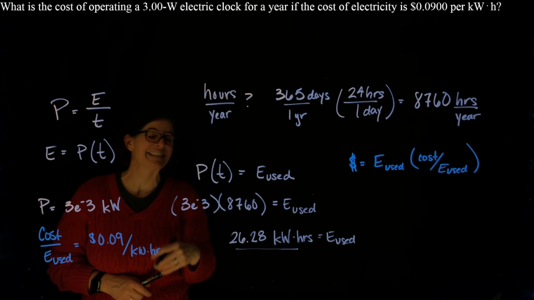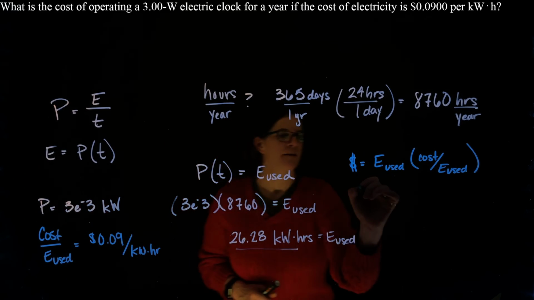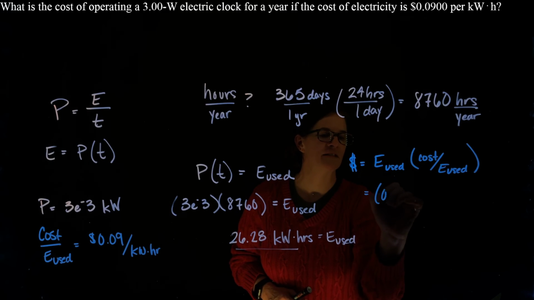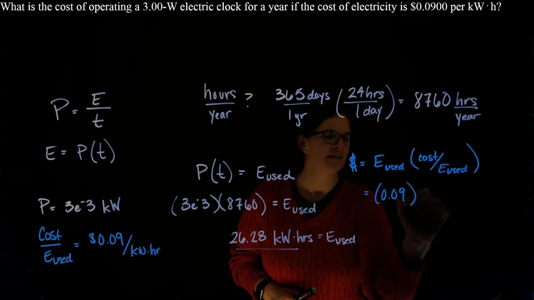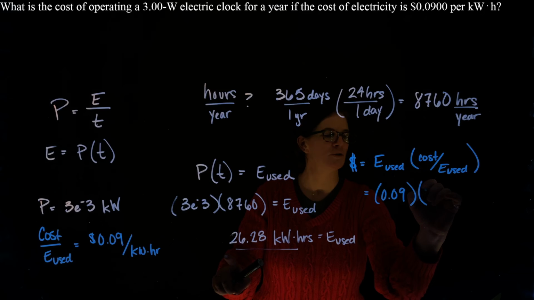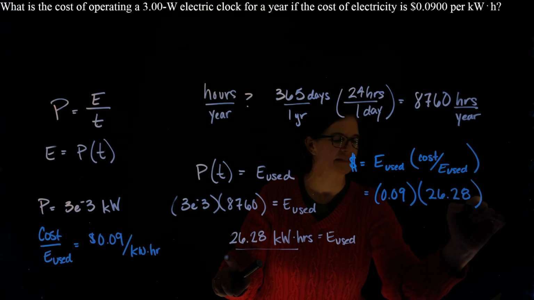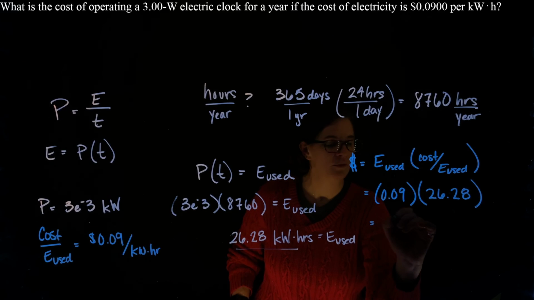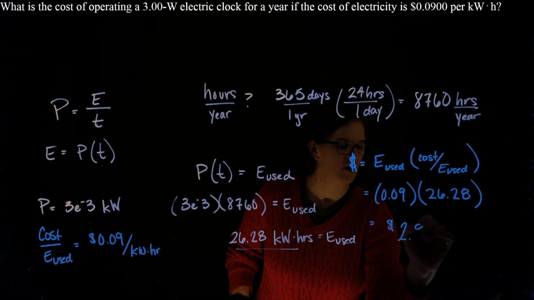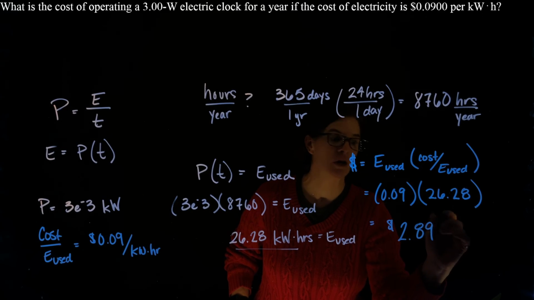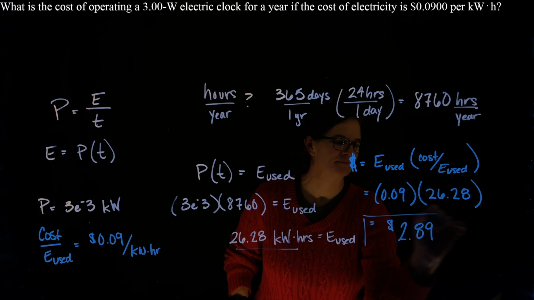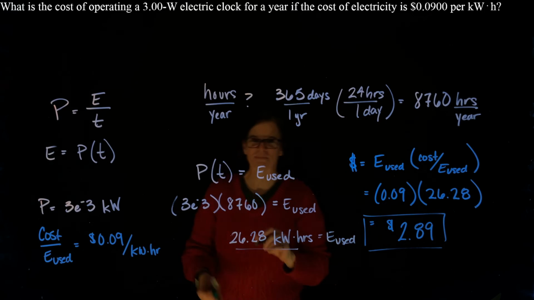So 9 cents per kilowatt hour. So our total cost will be 0.09 times the energy used of 26.28. And we find that to run that clock, it costs about $2.90 for that whole year.